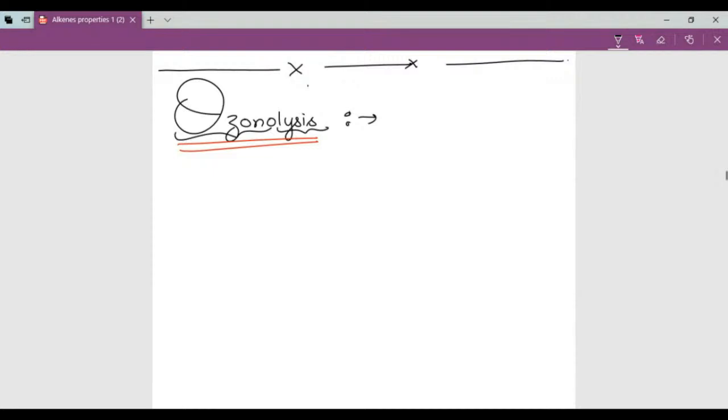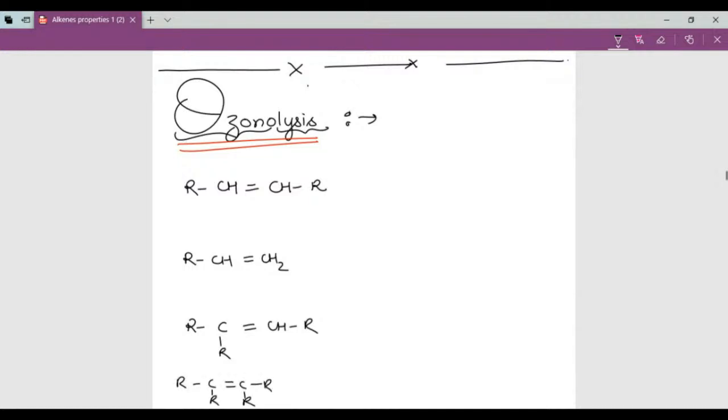So what type of bond fission? Let me write the different types of alkenes that I can have: RCH=CH2, RCR=CHR, and RCR=CRR. These are my different possibilities.